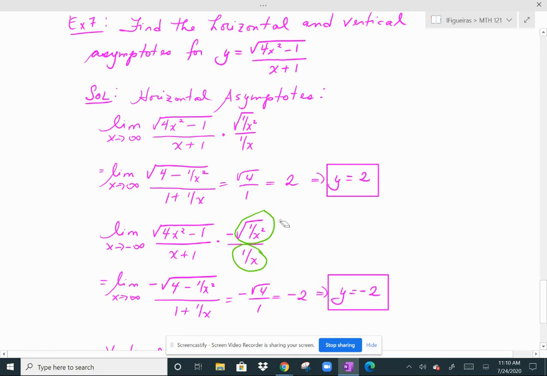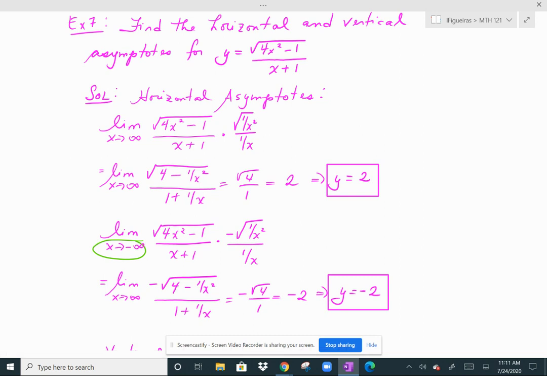Remember, you always have to multiply by 1. So in order to make this 1, I have to put a negative in front of the radical. Otherwise, this expression on its own will be negative 1, because I have a negative in the denominator, a positive in the numerator. So I have to force it to be 1, so you put a negative in front.